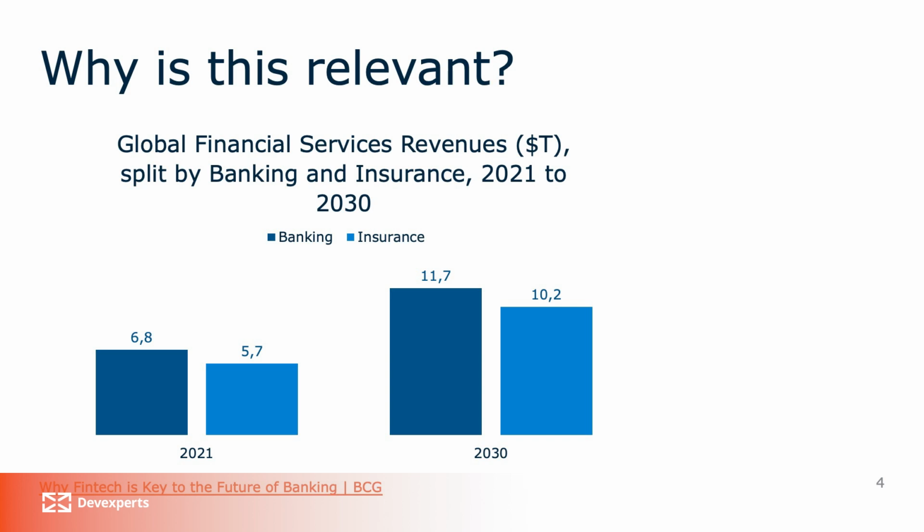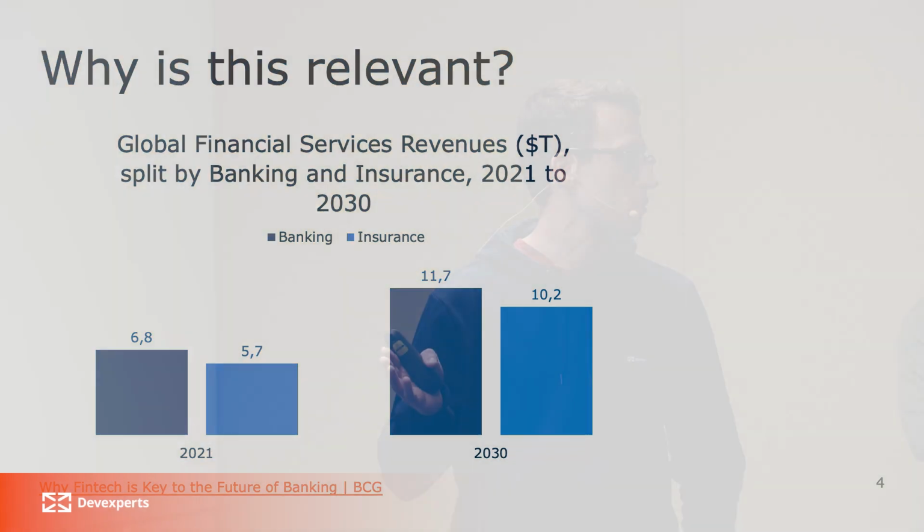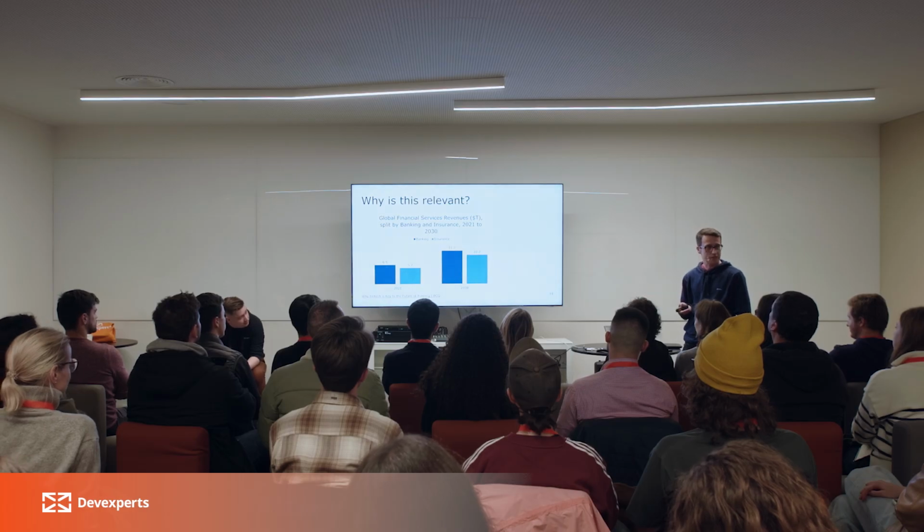And so according to the Boston Consulting Group, the global financial service revenues in 2021 were around $12 trillion. And it's expected to be around $21 trillion until 2030. So it's a huge market, right?